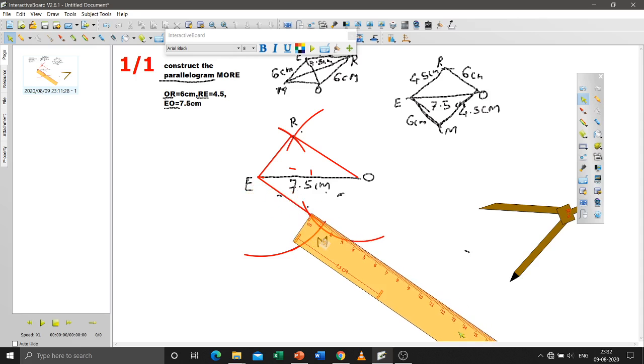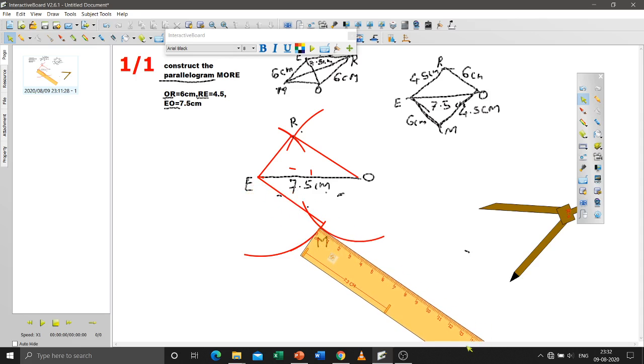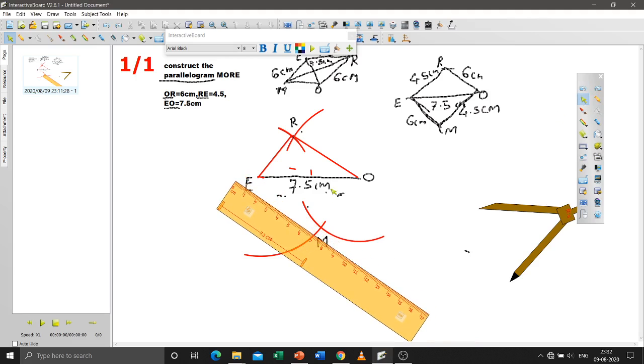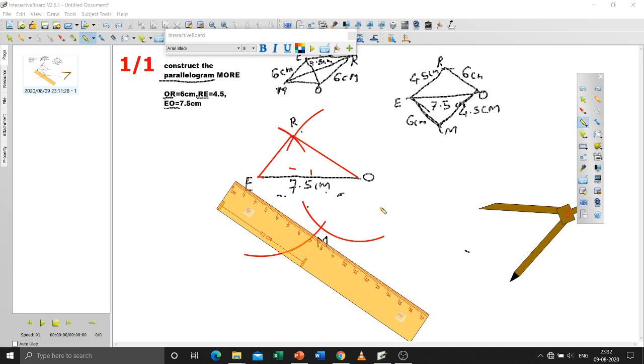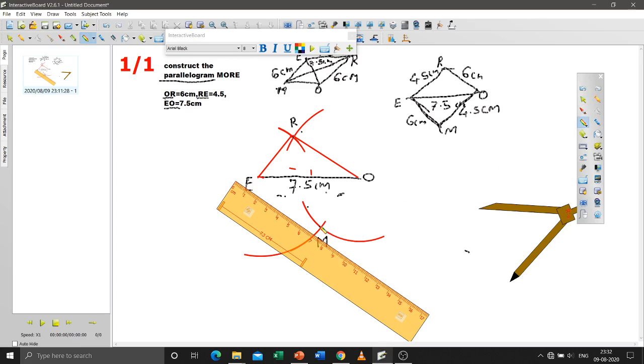Again, we will adjust the... one minute. This is actually not the intersecting point. We want to make the intersecting point clear first. This is our intersecting point. Let us mark the intersecting point.